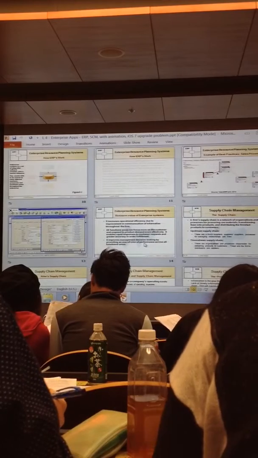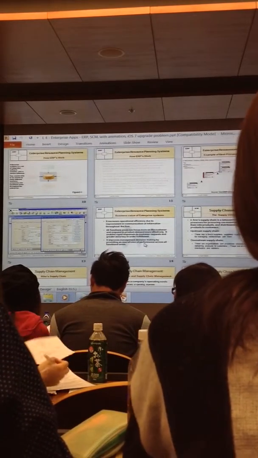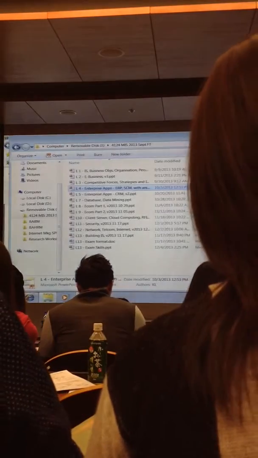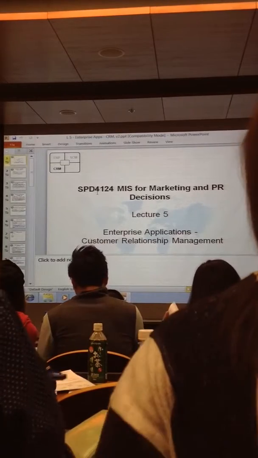I will not go through these one by one, but the two important enterprise applications are supply chain management, which is lecture 4, and then CRM, which is in lecture 5.